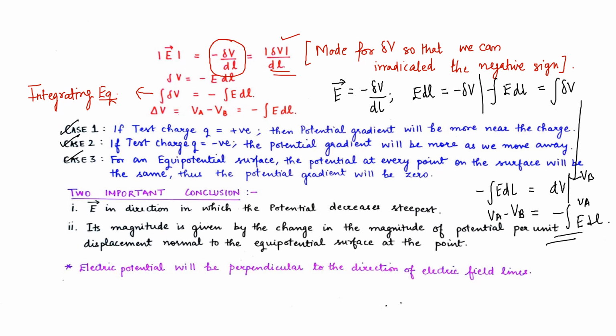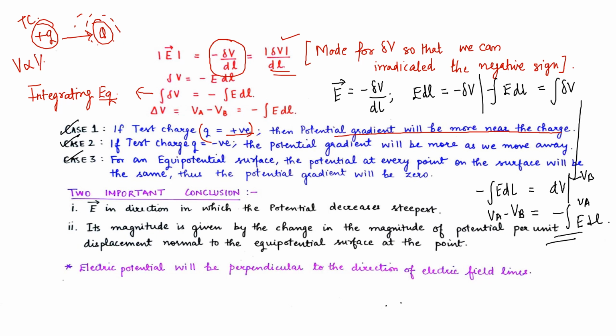Then what happens? Okay, now see, the test charge is positive in this case, case number 1, then potential gradient will be more near the charge. Now see, this is our Q, plus Q test charge, and it is nearer to our Q. So it will have more of the potential, because the potential near will be more and later on it will keep on decreasing.